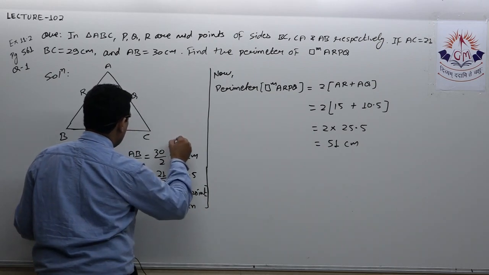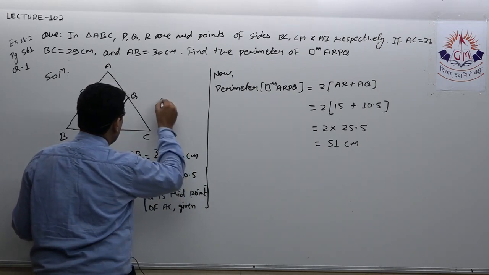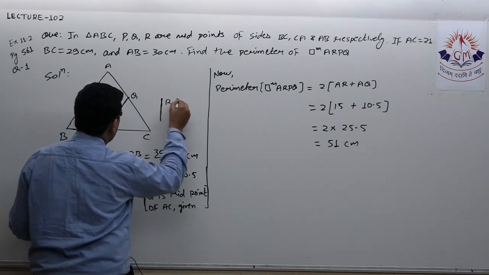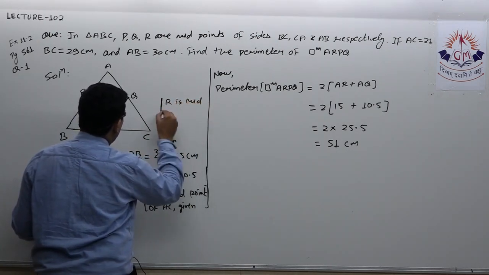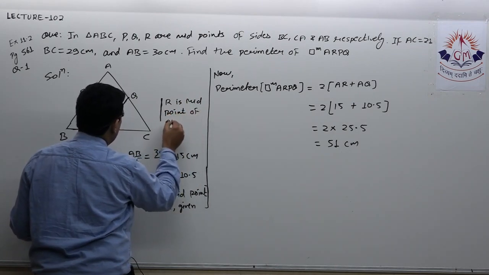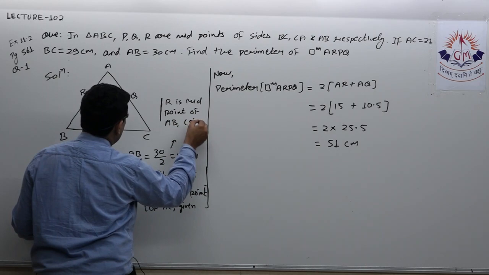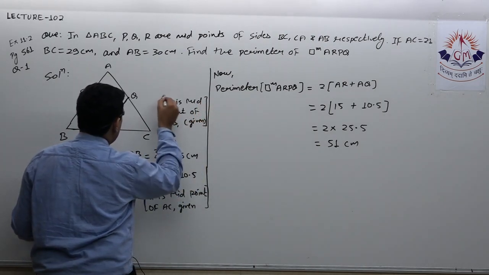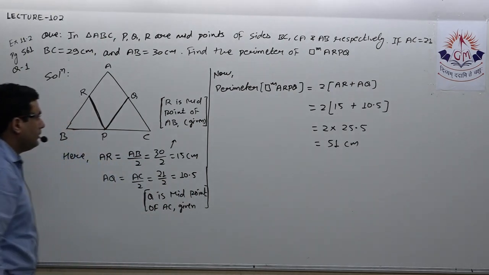And over here we can write the reason R is the midpoint of AB, that is given. Those are the reasons we have to give.